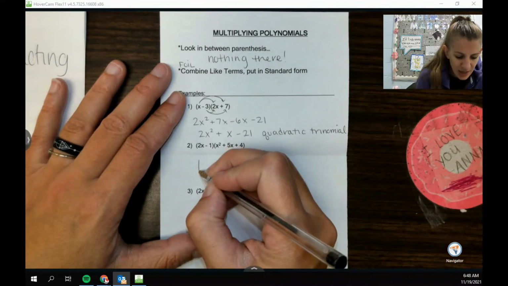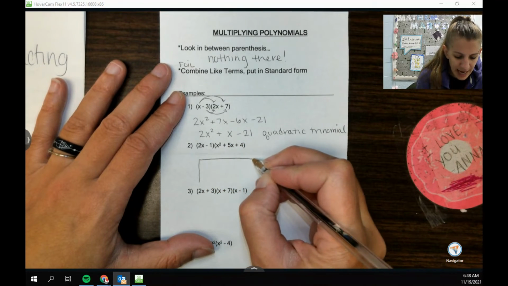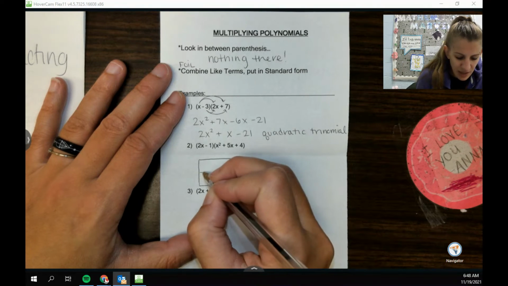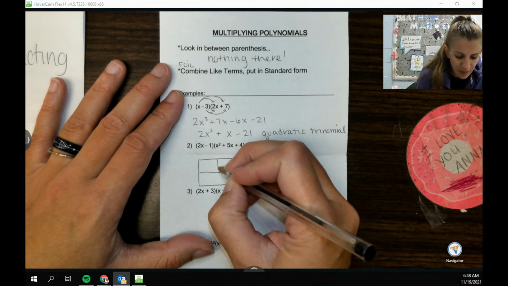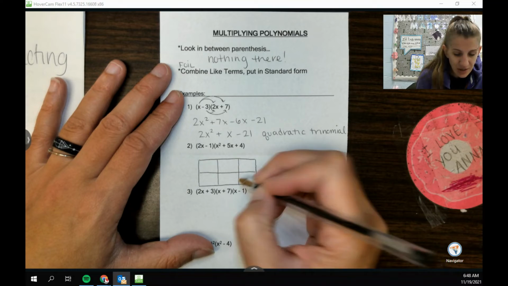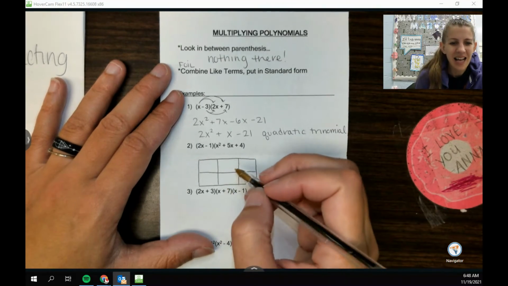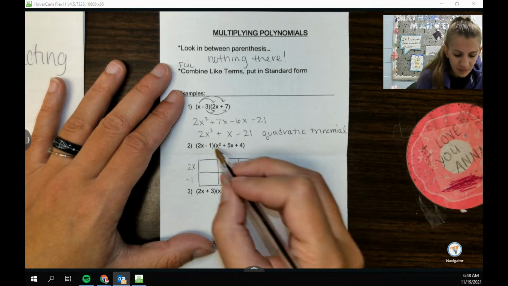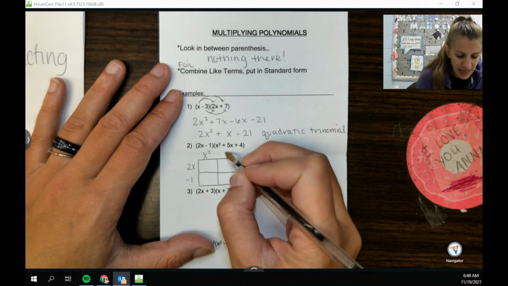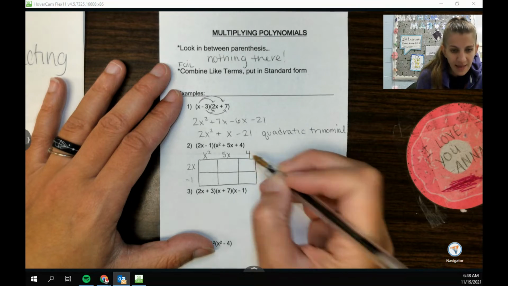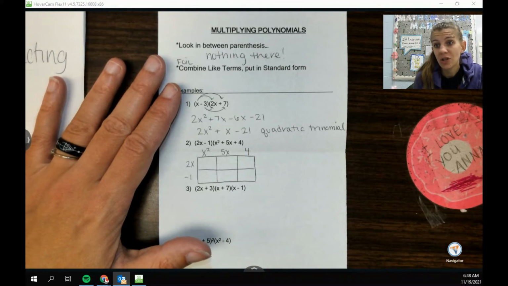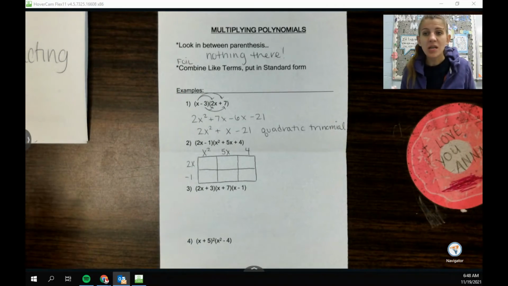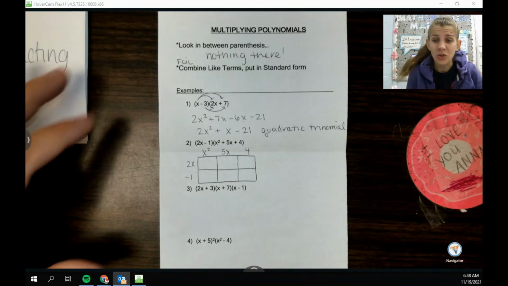So another way to do this that I think is a little bit more organized, now you can still do the arrows, that's fine, I always like to set up a Punnett square box, or really a Punnett square rectangle, and put my 2 numbers on the 2 side and my 3 numbers along the top side, this 3 side here. And then I just multiply to find each box, and then I can go through and combine like terms after that. It just ensures that I don't forget a number because I have to fill each square.